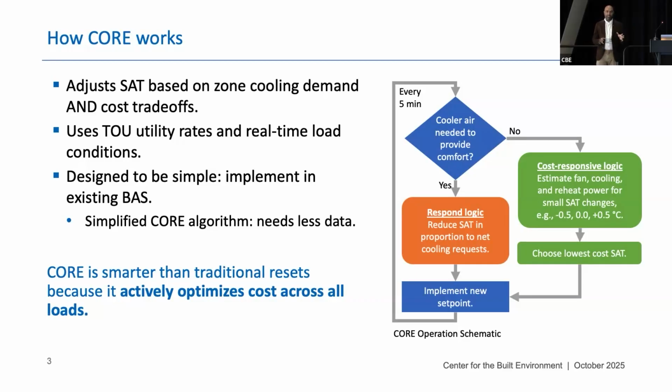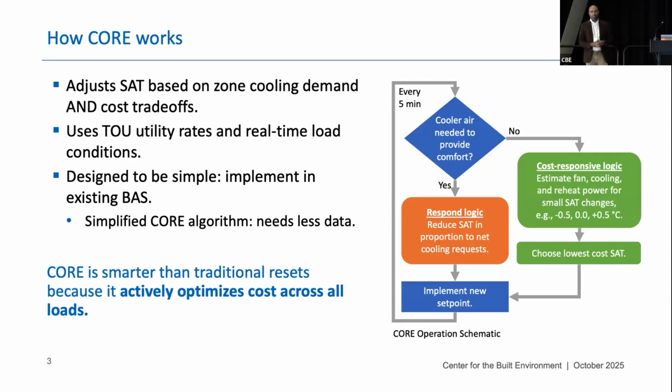The good thing about this is that it is designed to be simple and can be implemented in existing building automation systems. We've also developed a simplified algorithm for the initial CORE algorithm, which needs less sensor data, so it's easier to program and easier to implement. So CORE overall is smarter than traditional reset methods because it actively optimizes for cost rather than relying on rules of thumb.